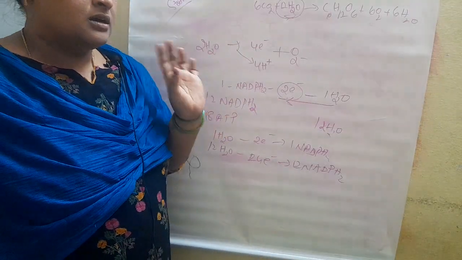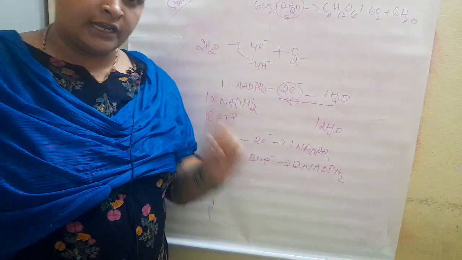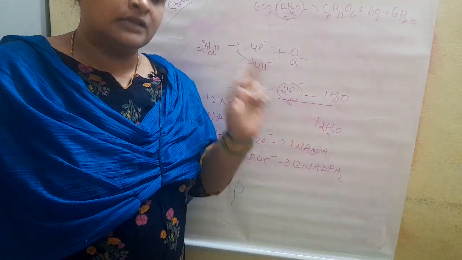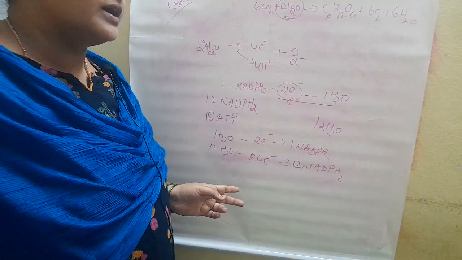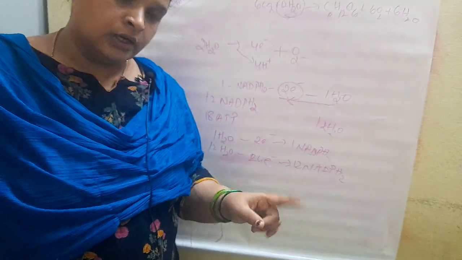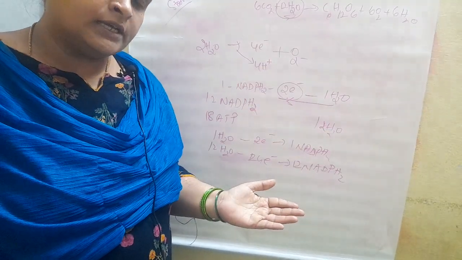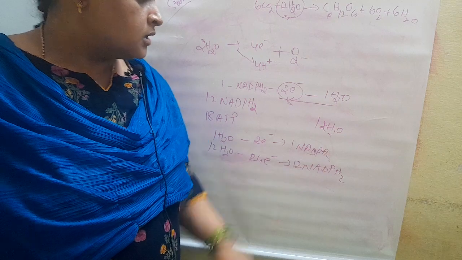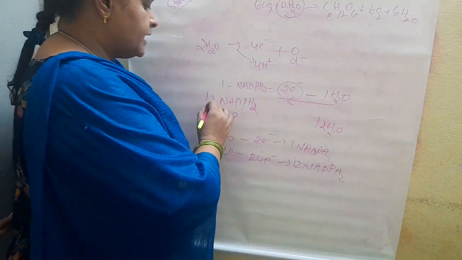Understood? Why 12 water molecules? For every generation of 1 NADPH2 it requires 2 electrons, and the 2 electrons come from 1 water molecule. So for 12 NADPH2 it requires 12 water molecules. Okay, right. So that was NADPH.